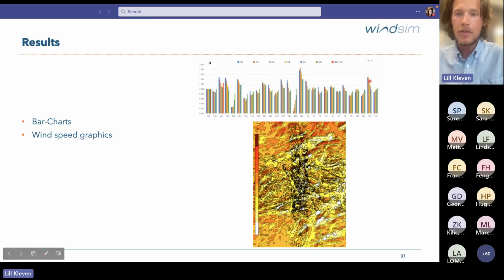On top of the hills, the higher resolution models predict higher speed ups on top of the hills and ridges. And behind the hills and ridges, the predicted speed up is way lower. So this indicates that there is a clear trend that the higher resolution captures the areas of low wind speed and also the areas of high wind speed.